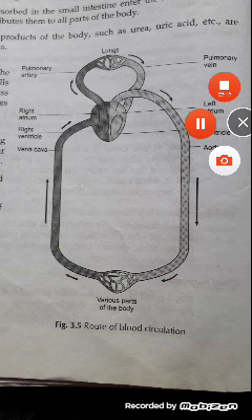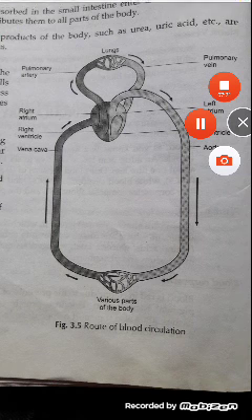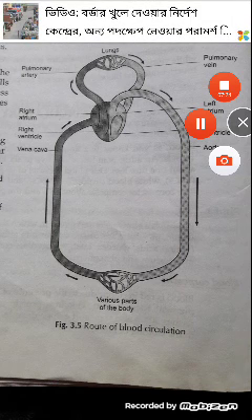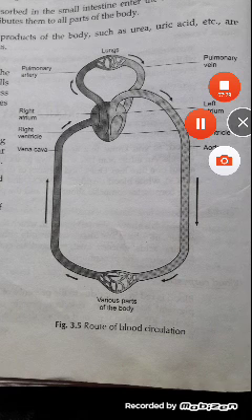The third vessel that we are supposed to consider is the capillary. Arteries branch out into smaller and thinner blood vessels called arterioles. These divide into still smaller vessels to provide blood to all the cells. The thinnest blood vessels are called capillaries.